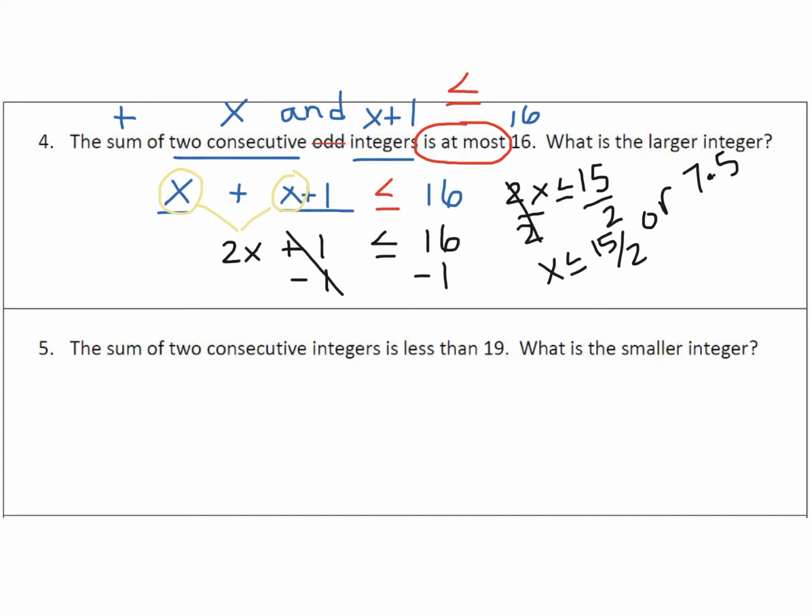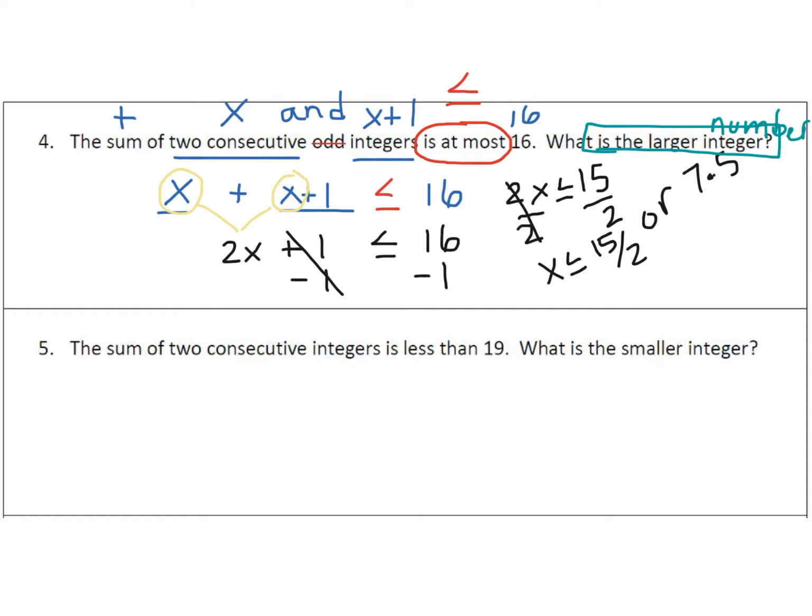It is asking me for the larger integer, okay? So what number would come after this one, even though it's not an integer? That's probably because we took out the word odd and it affected our answer. But we'll just go with what's the larger number, okay?